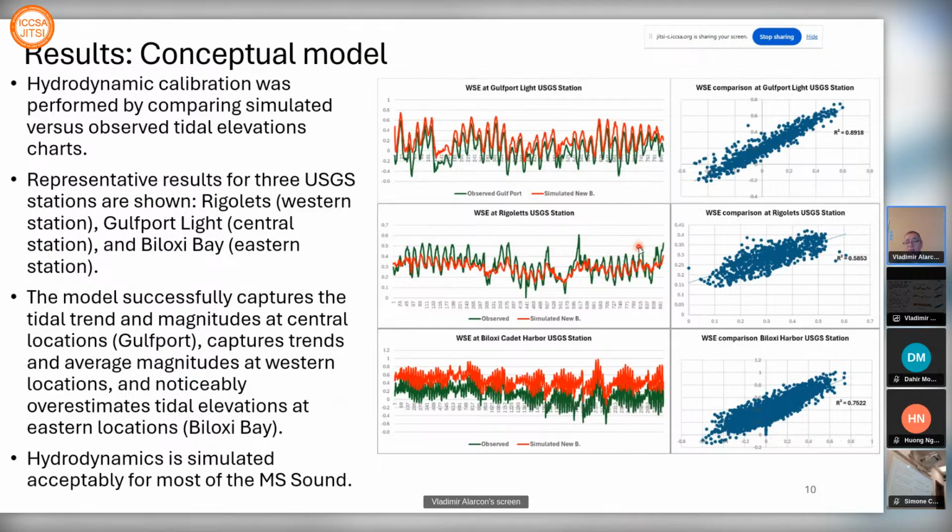But of course, these are results that were simulated when we were doing the paper. So we are a little bit better now. And in the most eastern location, we were still overestimating water surface elevations.